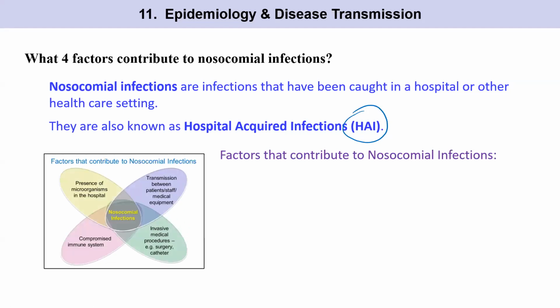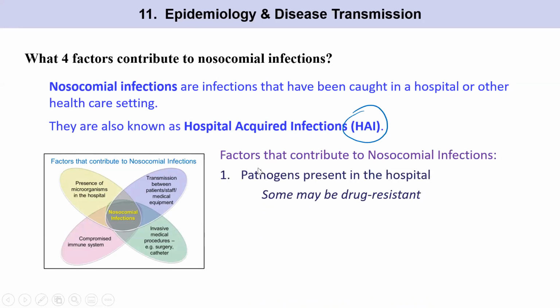You see this acronym a lot when people talk about these nosocomial infections. If you remember, we talked about this in lecture. This slide featured factors that contribute to these kinds of infections, and I have some extra notes. First, you're going to have pathogens in the hospital because sick people go to the hospital, and the biggest concern is superbugs.